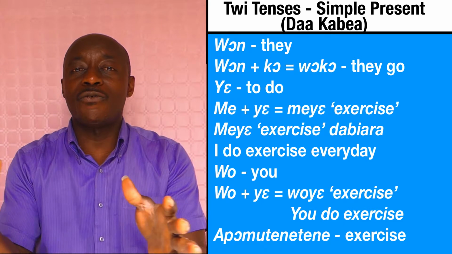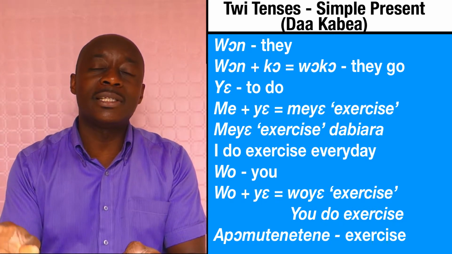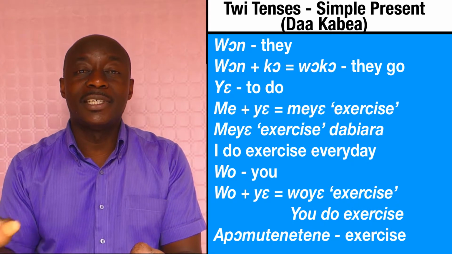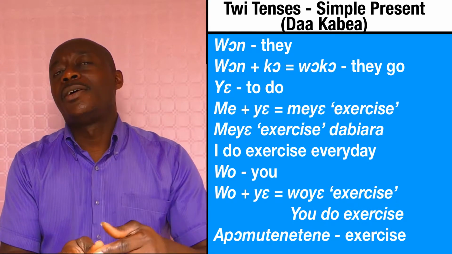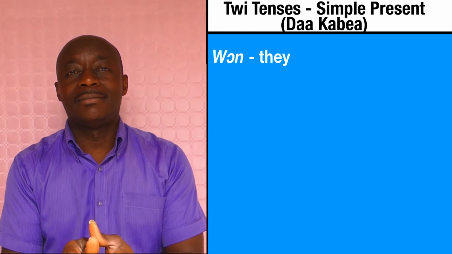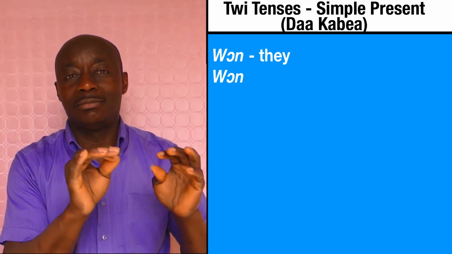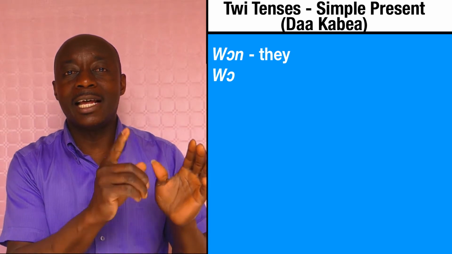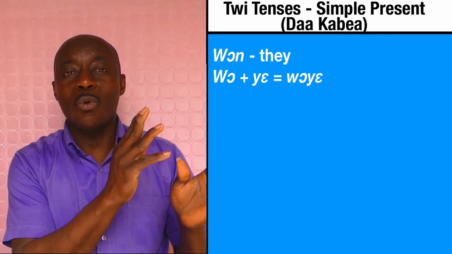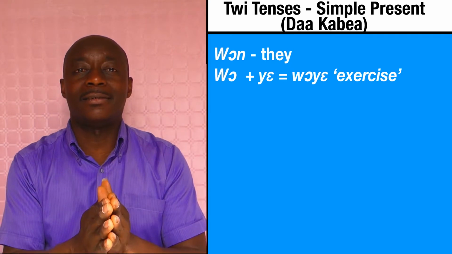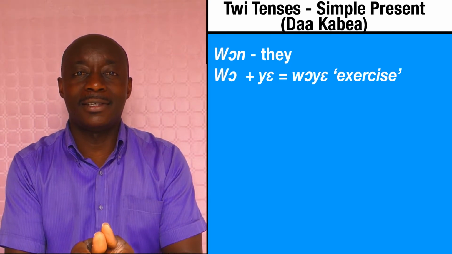But for the sake of learning, that is why I'm using exercise, but not apomuden atene. Good. Let's take wonn, that we know is they. Wonn will lose the n, and then it will be what? Woye. Woye exercise.